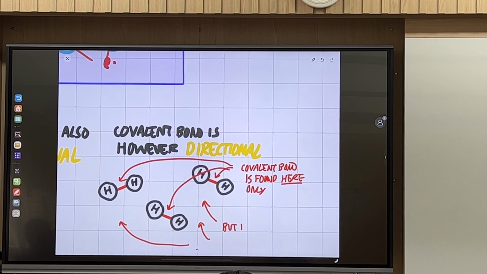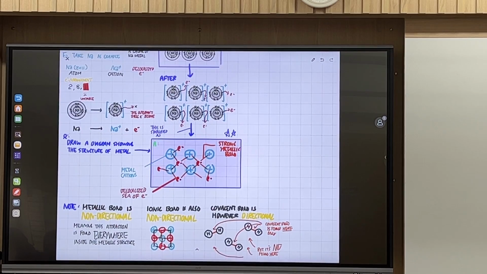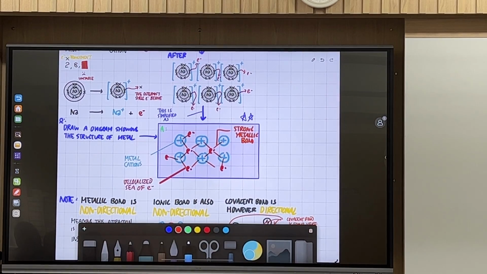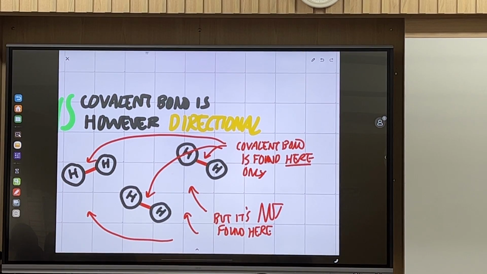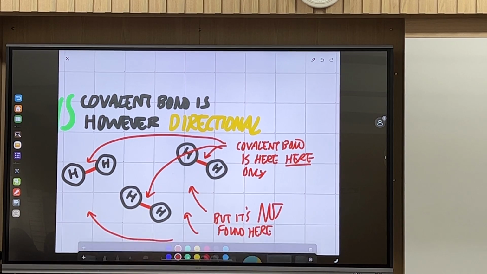In other words, it is not found everywhere, therefore making it directional. So that's a comparison between metallic bond, ionic bond, and covalent bond. Any question about the bond first? So covalent bond is found in these positions only, but not in other positions. Okay, so it's directional.